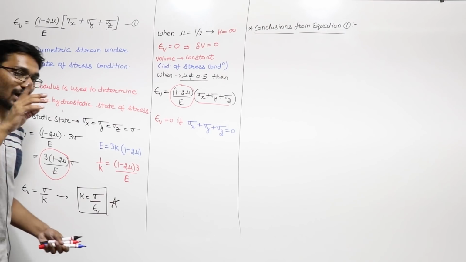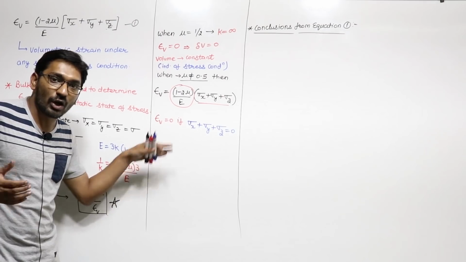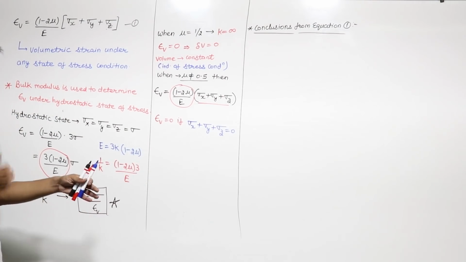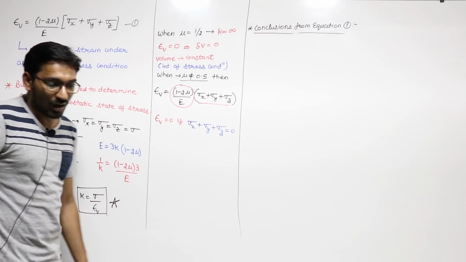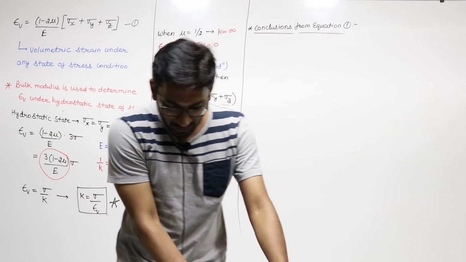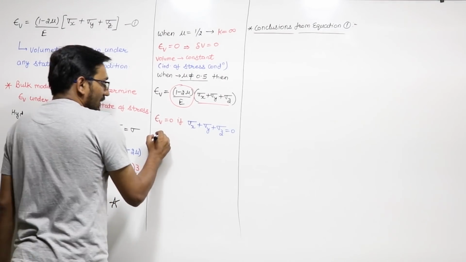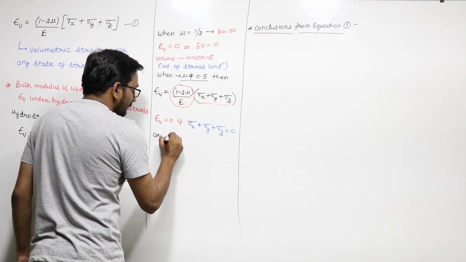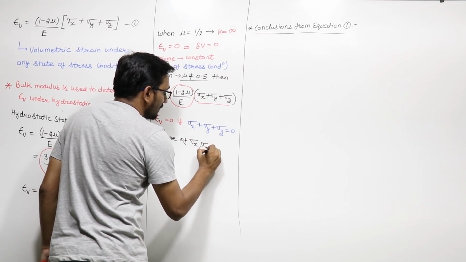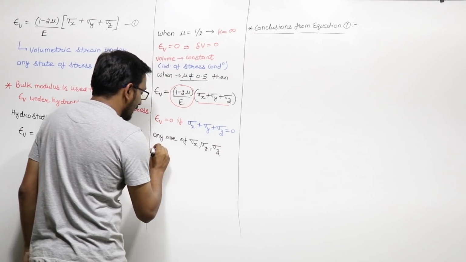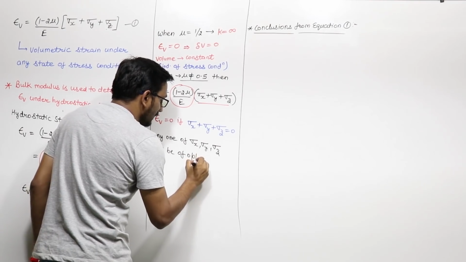There is one other option to make the change of volume 0, or the volume constant: if the summation of sigma x, sigma y and sigma z is 0. That means any one of sigma x, sigma y and sigma z will be of opposite nature.